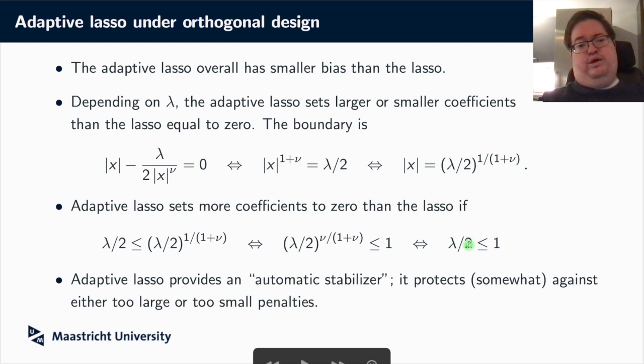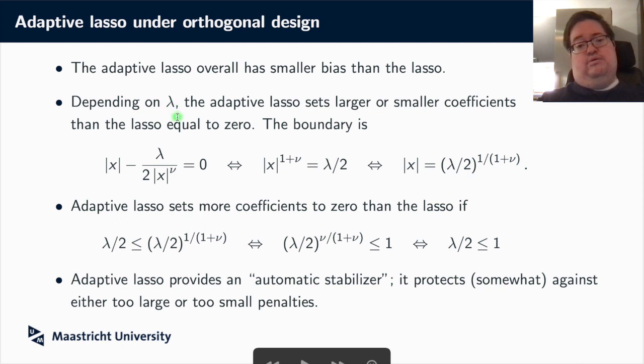So based on the two things we mentioned before, what we always see is the smaller bias, and what we sometimes see, depending on the choice of lambda, is more or fewer coefficients being set to 0. And of course we can just calculate that.